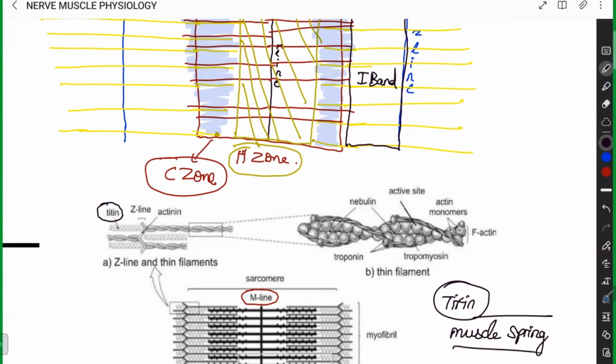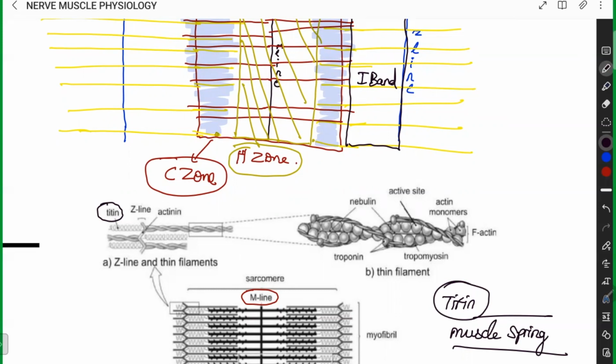Why do you call it a muscle spring? Because it is responsible for the elasticity of the muscle. Remember, if an MCQ is asked, what is the protein that is responsible for muscle elasticity, then you're going to name titin. Is it clear? What is this going to do?